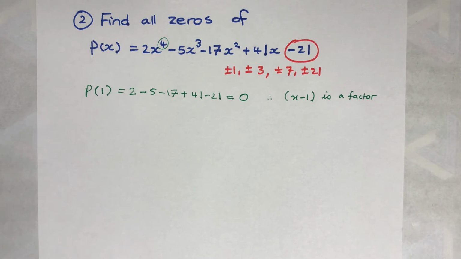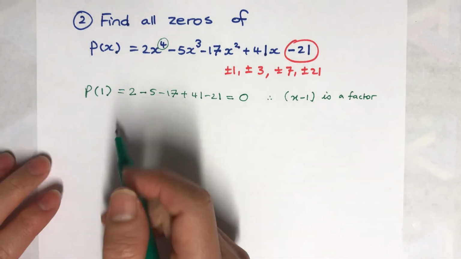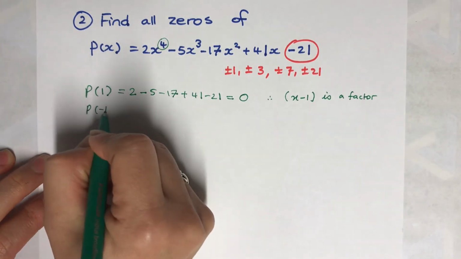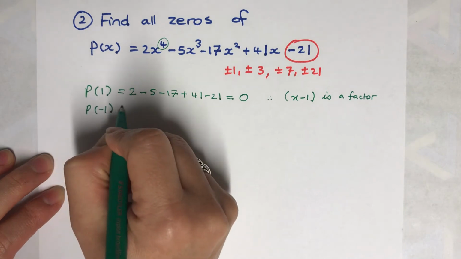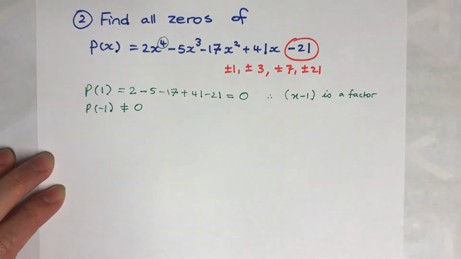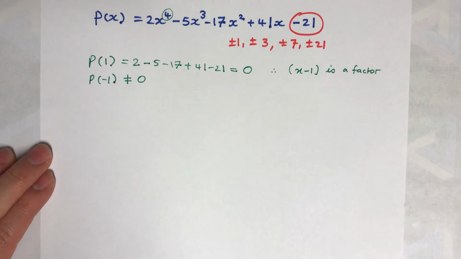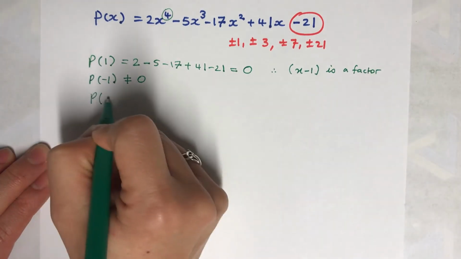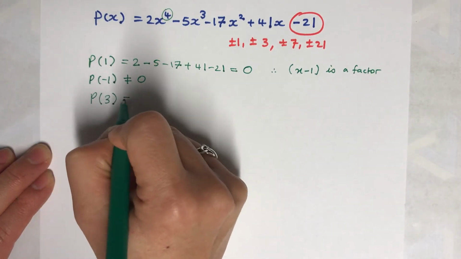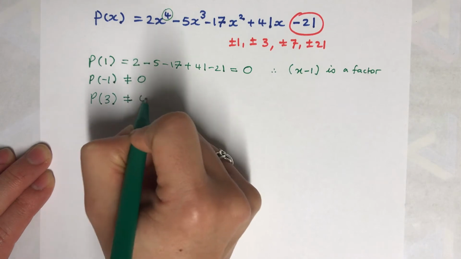So what I suggest is, it's a power of 4, find another factor. If I put minus 1, I'm going to tell you now, because I've already done it, it's not going to give you 0. So I'm going to go with a minus 3, and it's not going to give you 0.